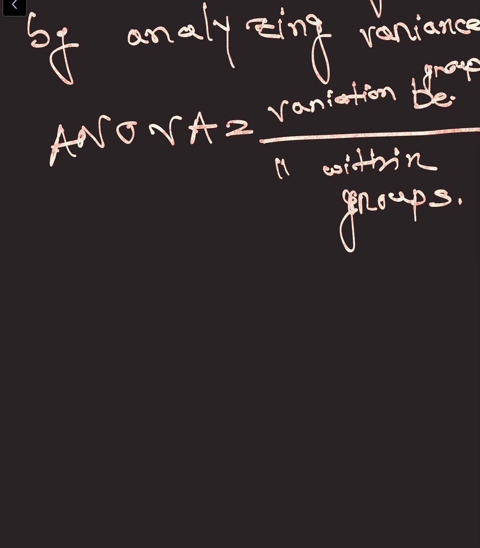So now we have to understand what it means, the variation between groups and the variation within the groups. Okay, then now it's the point to talk about between group variation and within group variation.